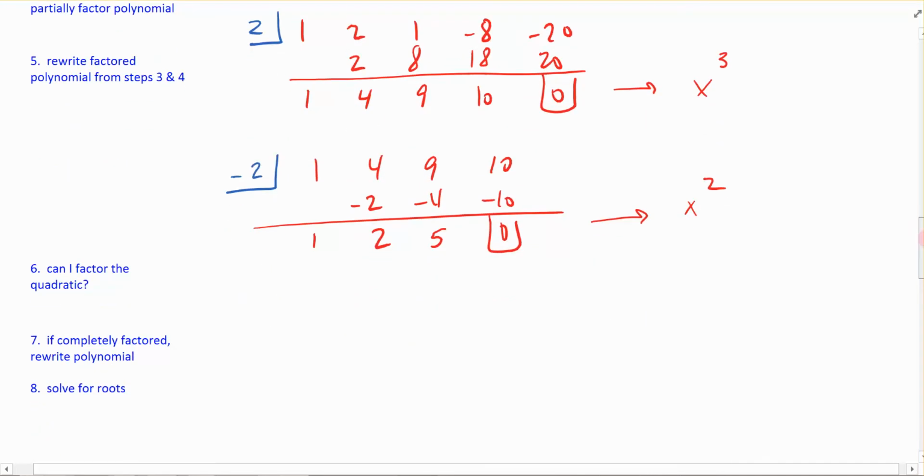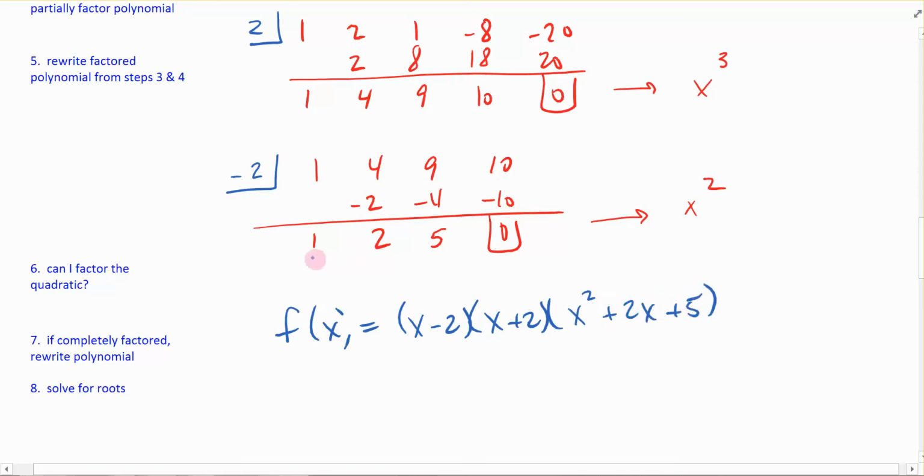So let's write down what we have so far. I know that I have a polynomial that looks something like x - 2, x plus 2, followed by this quadratic, which is x squared plus 2x plus 5. So that whole thing there is this trinomial. Now I know looking at this that there are no factors of 5 that will add to give me 2.